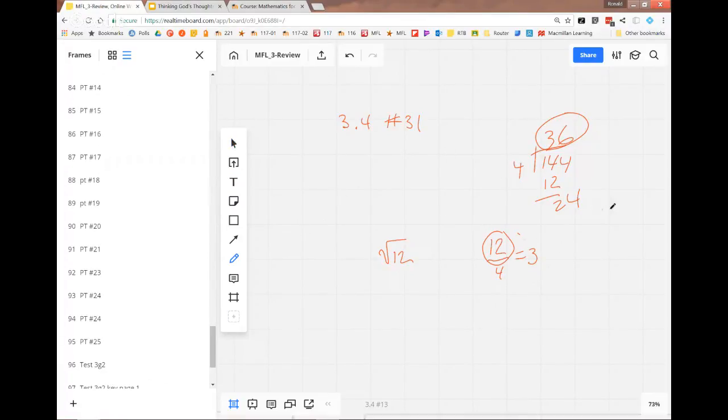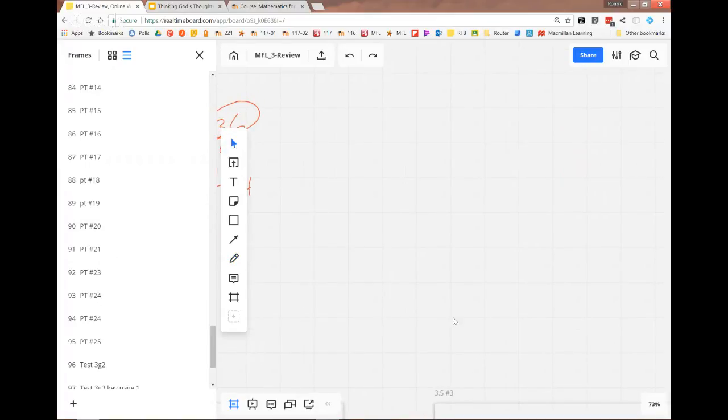Get some space here. Change the arrow. There we go. Okay. So suppose I gave you, we could do it in words or symbols. I'm going to try it in symbols first.